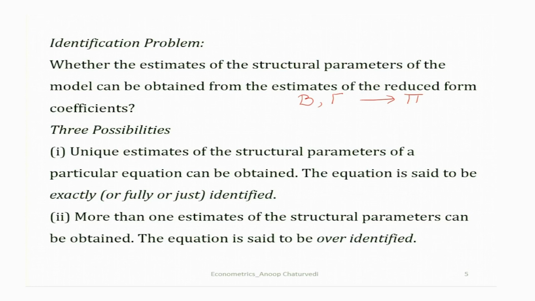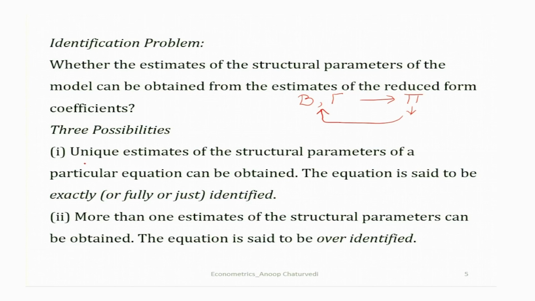Using the reduced form, it is possible for you to estimate pi. Then, is it possible to obtain estimates of parameters contained in B and gamma using the relation between pi and B and gamma? Now, there are three possibilities.